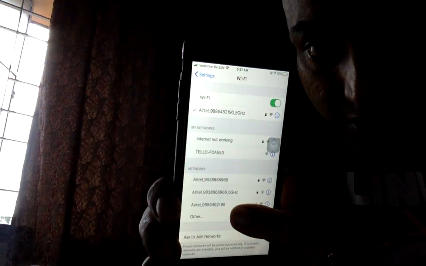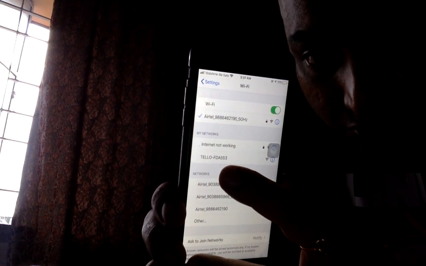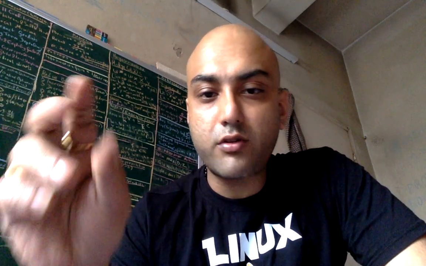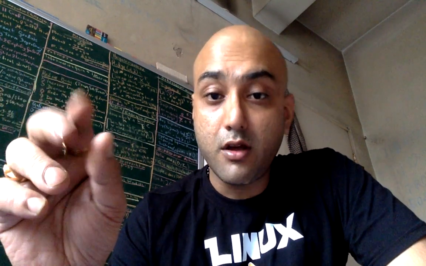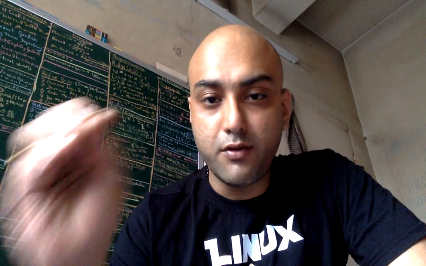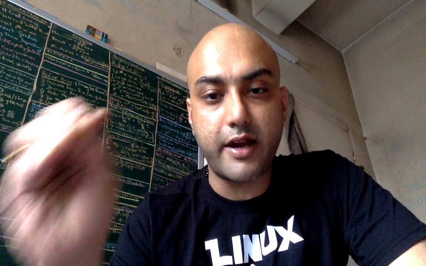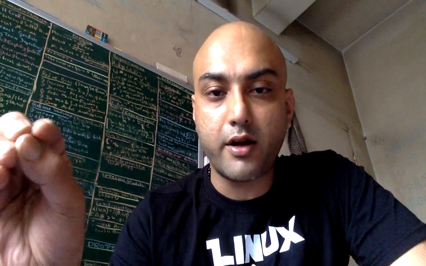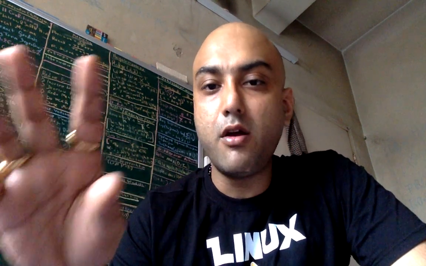As you can see, there's a connection called Tello FDA 553. Having shown you the access point of Tello, it is now very clear that any device that will be used to control a Tello first needs to connect to that access point and come onto the same wireless LAN as the Tello.